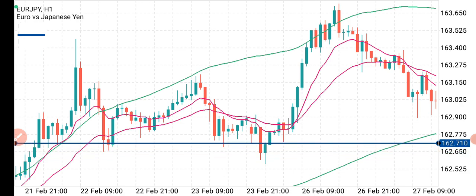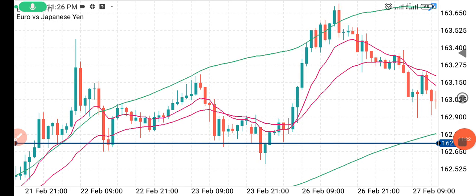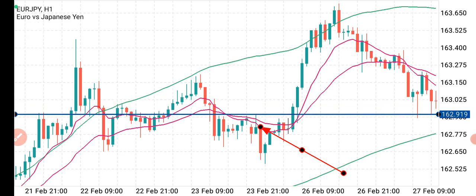Okay, here we have another one. Can you see this? But mind you, you are not taking these trades in isolation.